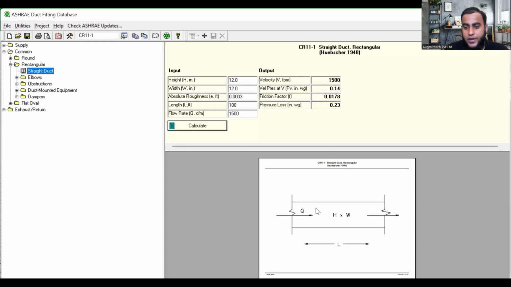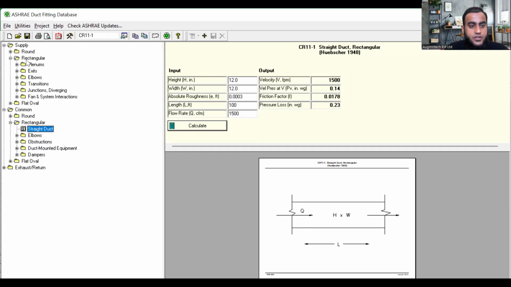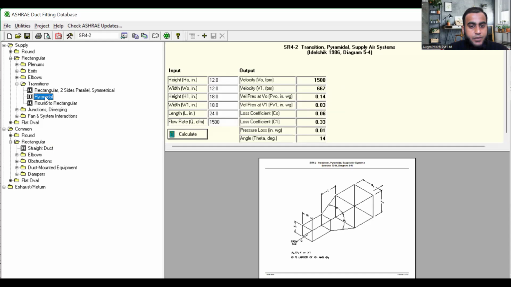Suppose you want to find out the friction loss value in a straight duct, that I will explain later. First come here. Our main target is what? In supply, hit on this rectangular duct, and now you will get one option, transition. Hit on this plus sign and pyramidal. Can you see this? Just right click, view full screen.